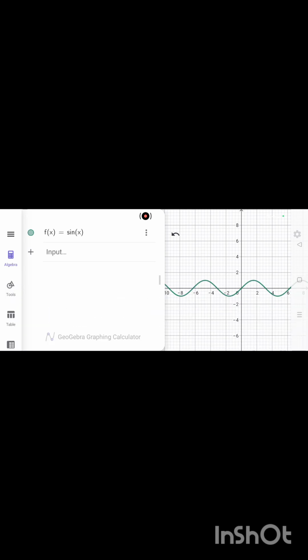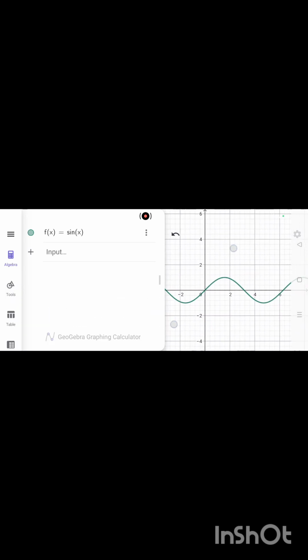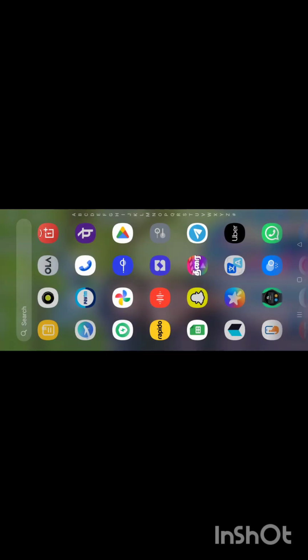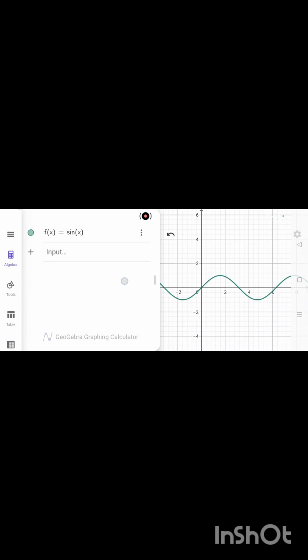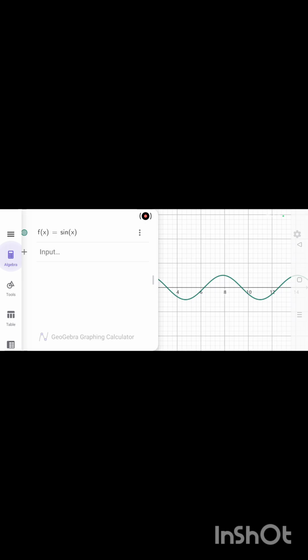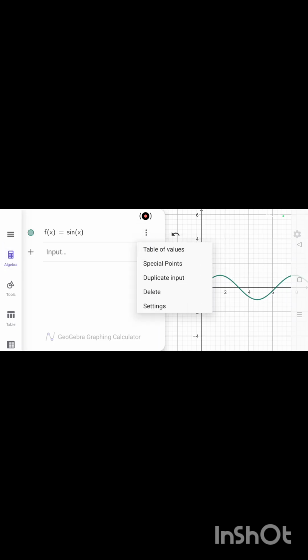Look at this. This is the sine wave. This app will be very interesting to use.